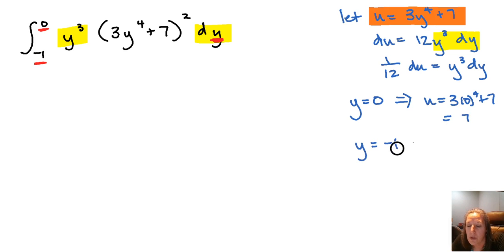And then when y is equal to -1, do the same thing, plug in y equals -1, and we get 3 times -1 to the fourth plus 7, which is 10. So we are going to replace the 0 with the 7, and we're going to replace the -1 with the 10.